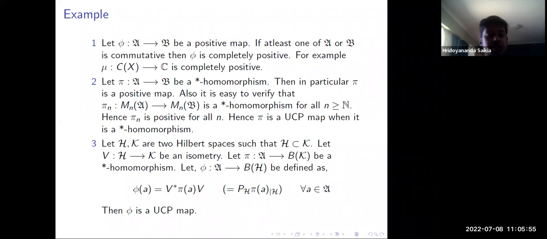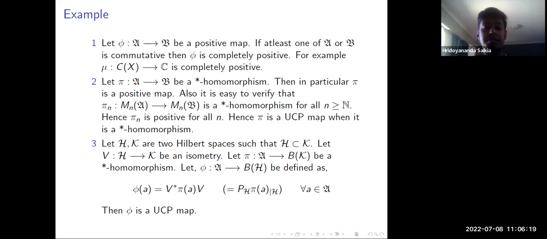Now, suppose H and K are two Hilbert spaces such that the Hilbert space H is contained in the Hilbert space K. Now let V be an isometry from H to K, the smaller Hilbert space to the bigger Hilbert space. All right.